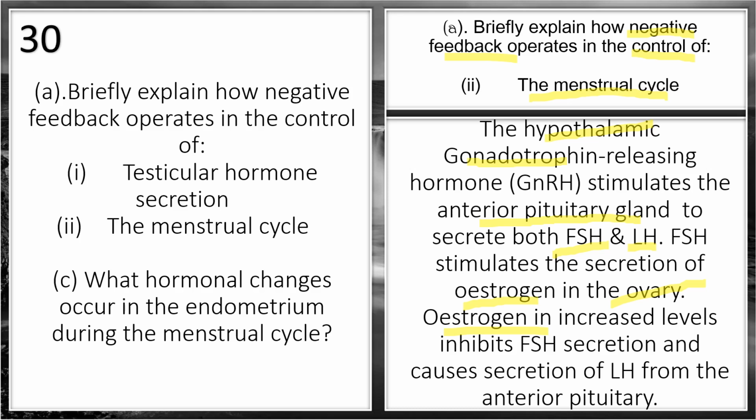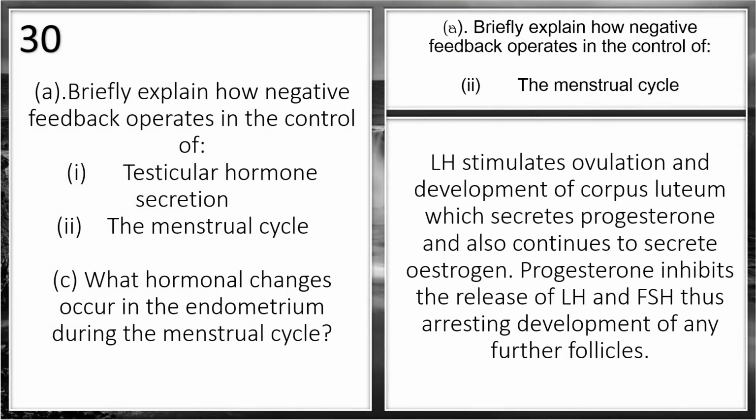Oestrogen, in increased level, inhibits follicle-stimulating hormone secretion and causes the secretion of luteinizing hormone from the anterior pituitary gland. Luteinizing hormone stimulates ovulation and development of the corpus luteum, which secretes progesterone and also continues to secrete estrogen. Progesterone inhibits the release of luteinizing hormone and follicle-stimulating hormone, thus arresting the development of any further follicles.